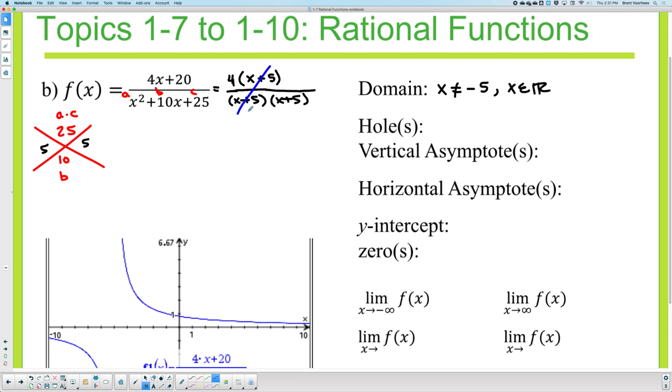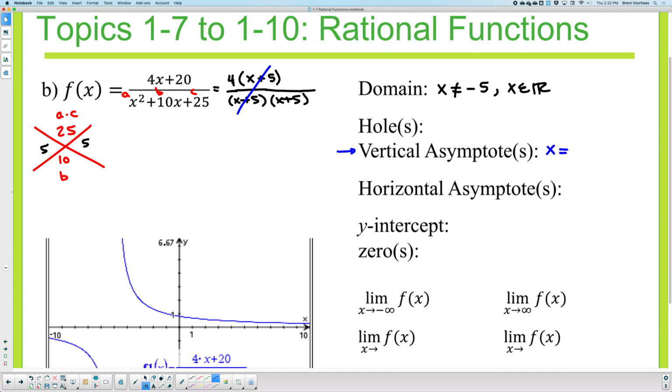I can cancel, which makes you think that's removable. However, there's still a plus 5 left over. So on a hole and vertical asymptote, the hole is kind of like more powerful. It'll trump it. And since there's still a plus 5 remaining, x still cannot be negative 5, even after I cancel it.